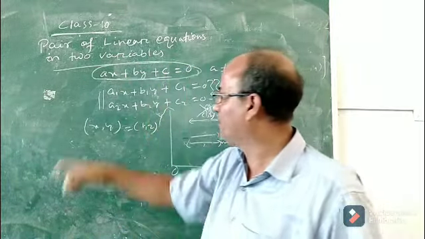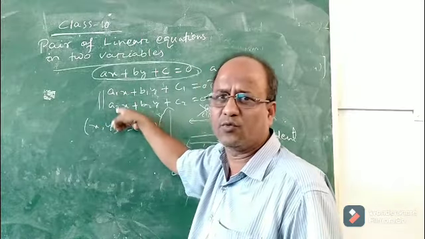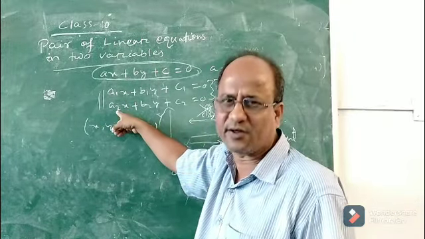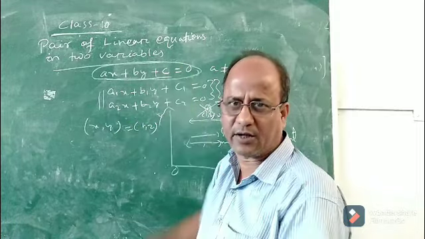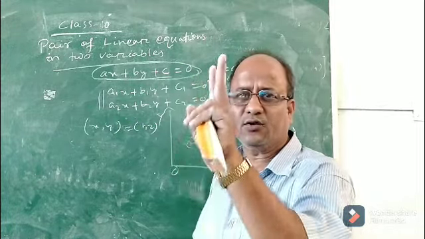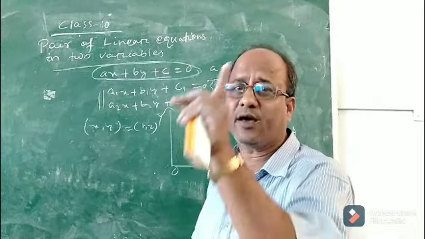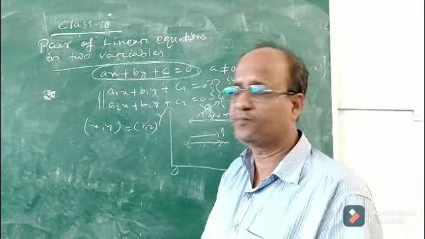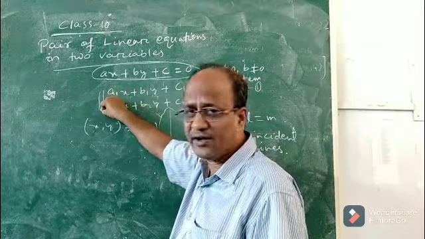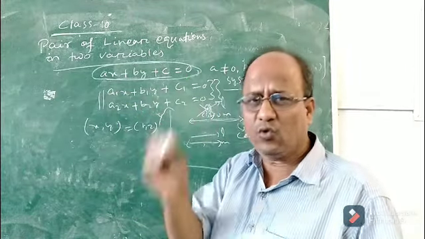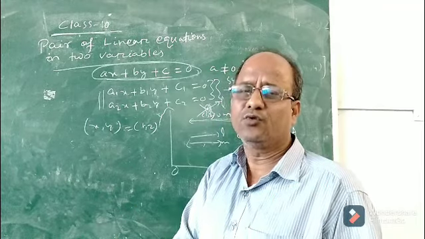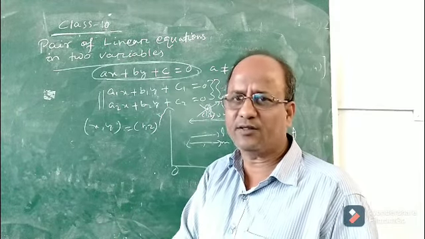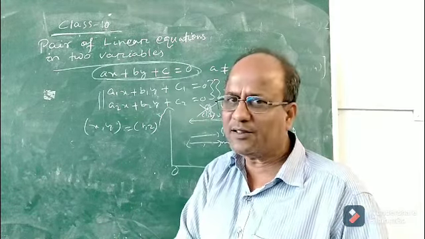But when you are given two linear equations in two variables, a pair or a system, a system means minimum two equations, do you think that it has only infinitely many solutions? No. So what are the three possibilities?